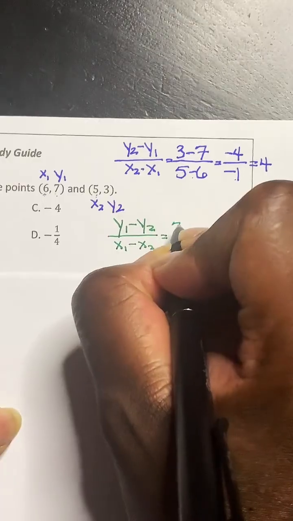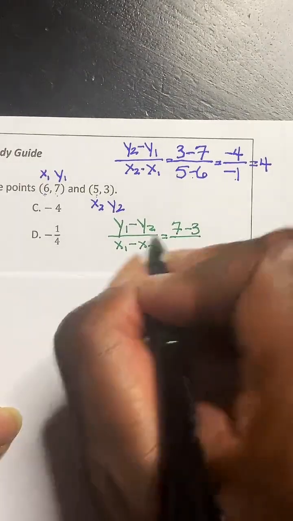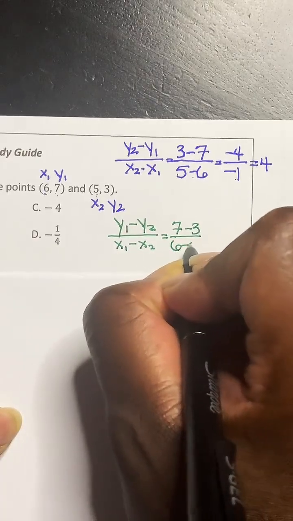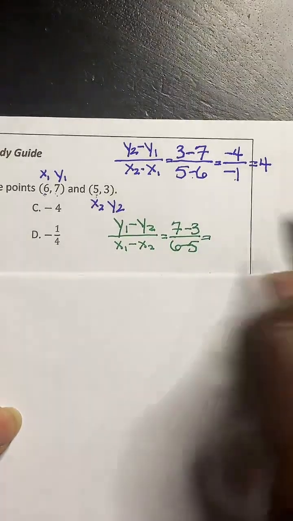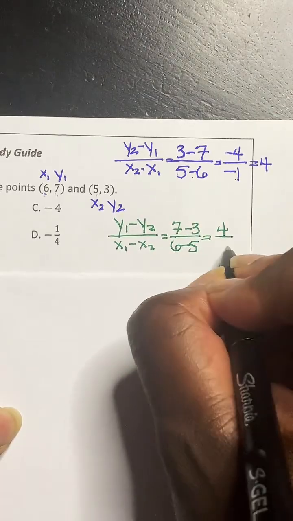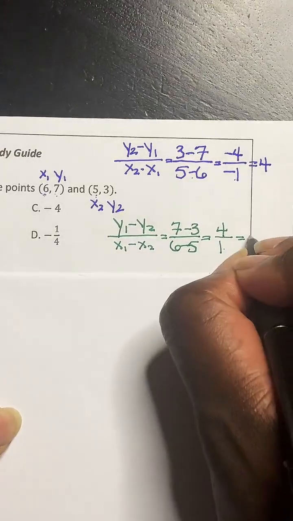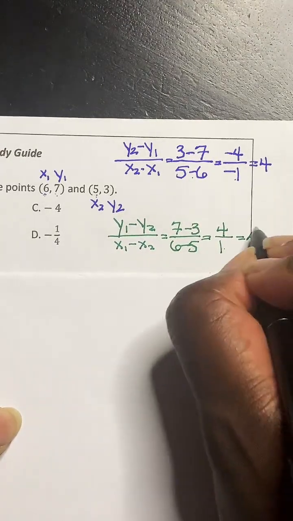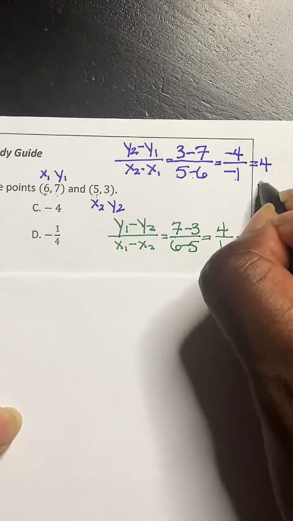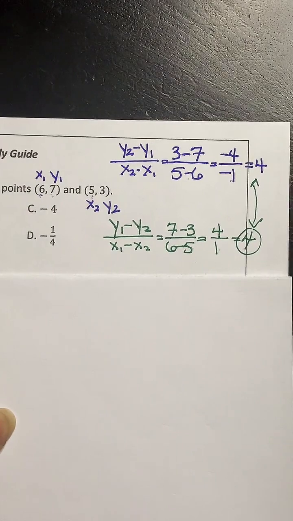So that means we have 7 minus 3 over 6 minus 5. 7 minus 3, that gives you 4. And 6 minus 5 gives you 1. A positive divided by a positive will give us a positive. Positive 4. Notice, you get the same answer. You just have to follow the same pattern.